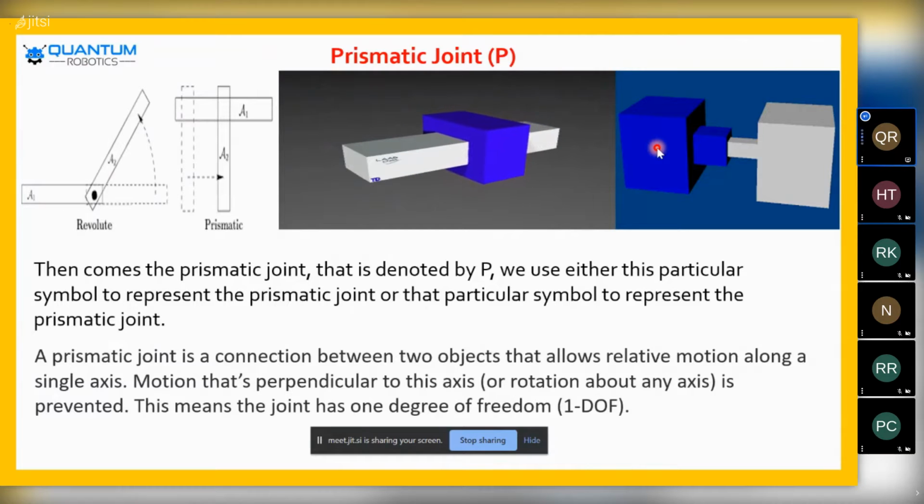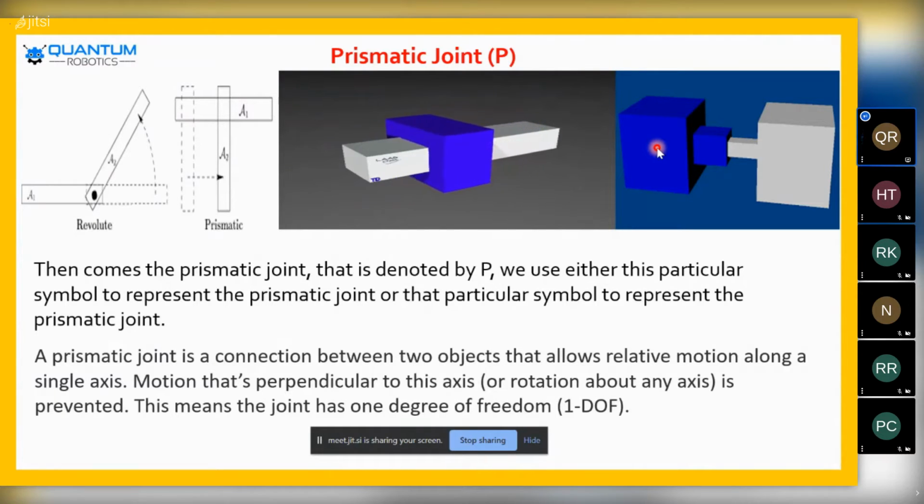The prismatic joint connects two objects and allows relative motion along a single axis, while motion perpendicular to the axis is prevented. This means the joint has 1 degree of freedom, 1 DOF.